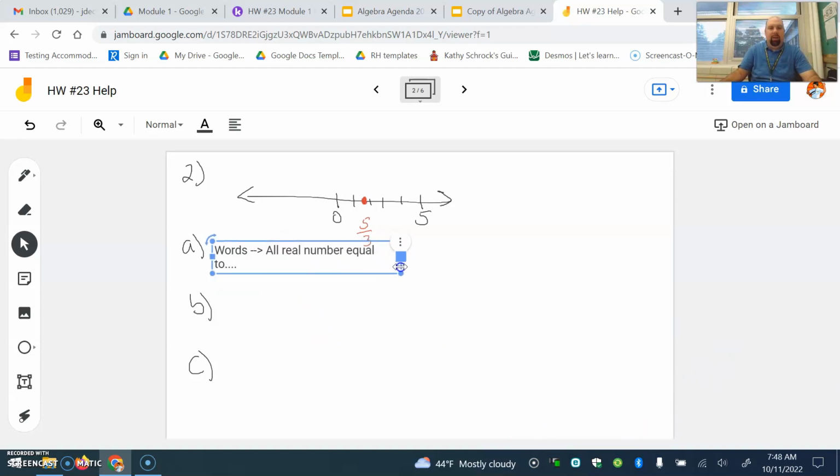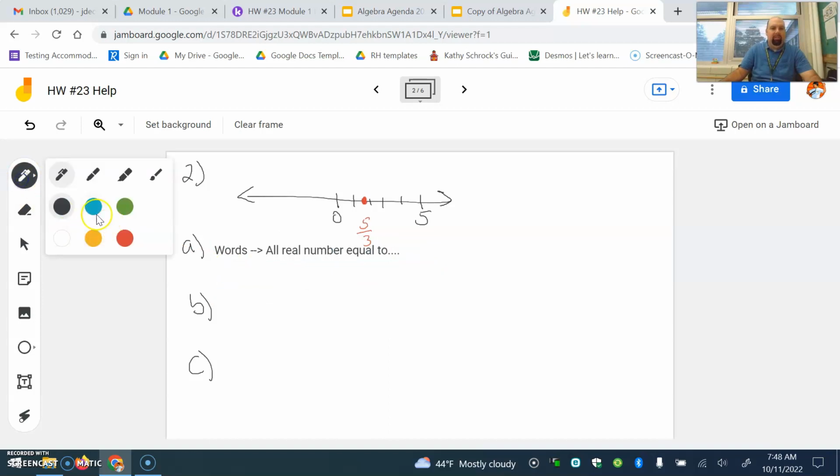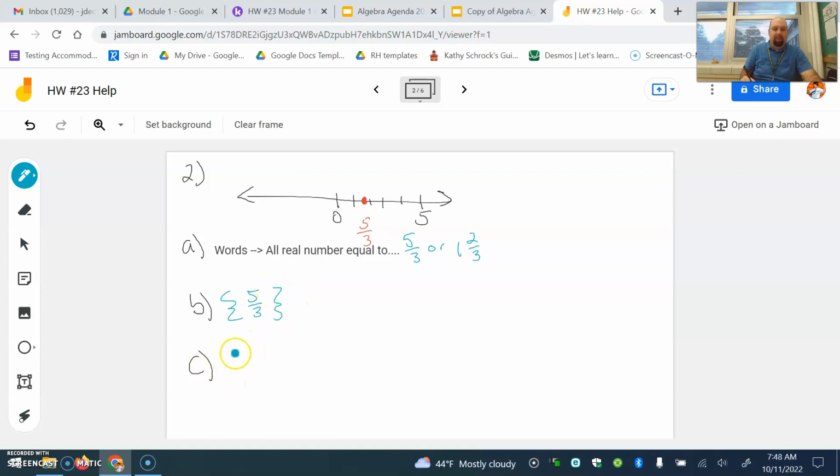It's kind of tricky to type a fraction, so I'm going to use my pen tool here to write it. For set notation, just put curly brackets, 5/3, and you're all set. For the equation, x is equal to 5/3.